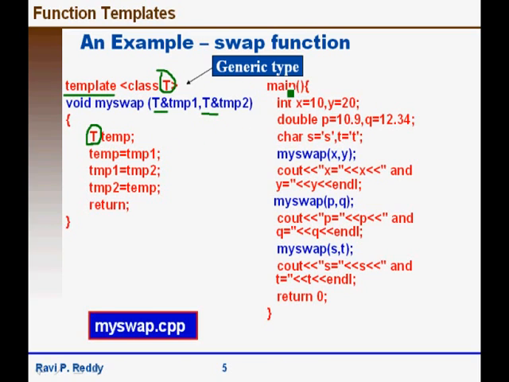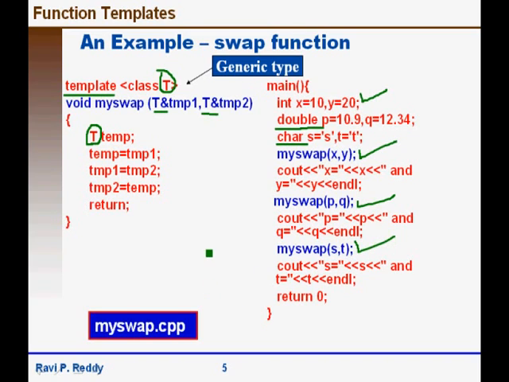In this function call, we have used this function at three different places. First, we have declared two variables of type int and we call the myswap function template to swap them. We have declared two variables of the type double and we have used the myswap function template to swap them. We have declared two variables of type char and we have swapped them using this myswap.